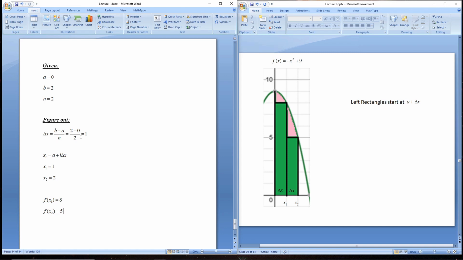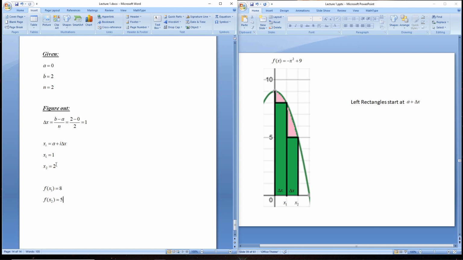Once we have delta x, we can figure out the positions of the rectangles, the x sub 1, x sub 2, and so forth. Once we have the positions, we can plug those positions into the function to get the height of the rectangle. And now that we have the height and their thickness, we can get their area.